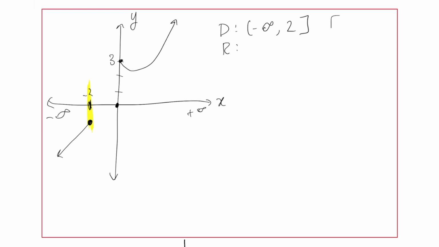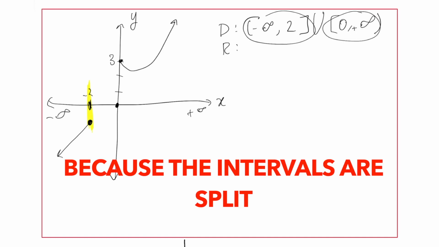And then we see here from the 0, 0 is included, as you see on the graph, because we have a filled-in point, it's part of the domain, the function exists at that point, all the way up to positive infinity. But we're missing something here. We're missing a U. This U is called the union. It joins these two intervals, or sets. It joins them, combines them, unifies them to represent the domain as one. That's the basic idea you should know.